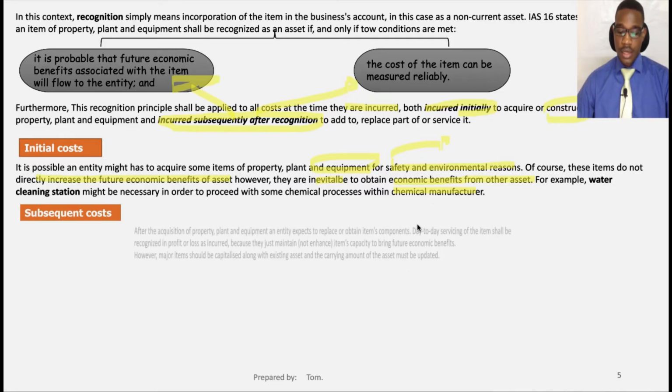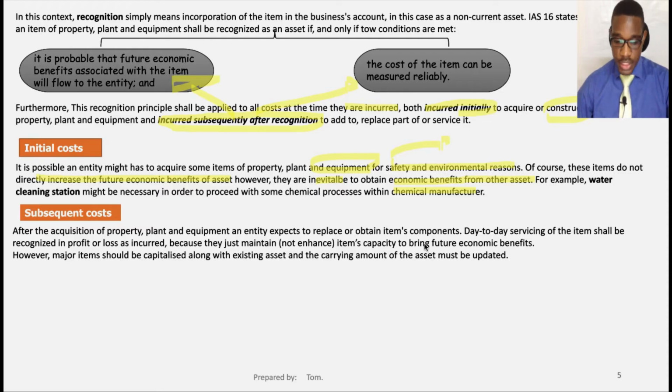The second one is subsequent cost. After the acquisition of the property, plant, and equipment, an entity expects to replace or obtain item components. For example, we bought a car or vehicle motors for our company. These vehicles need day-to-day servicing, such as petrol, oil, sometimes spare parts.